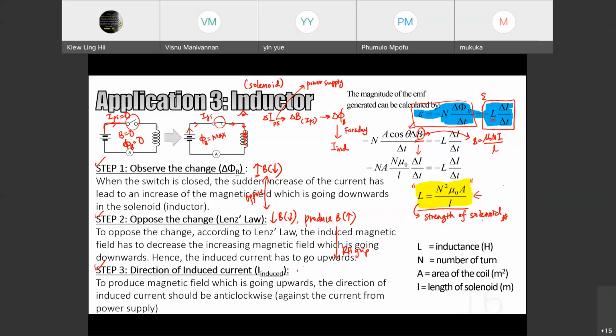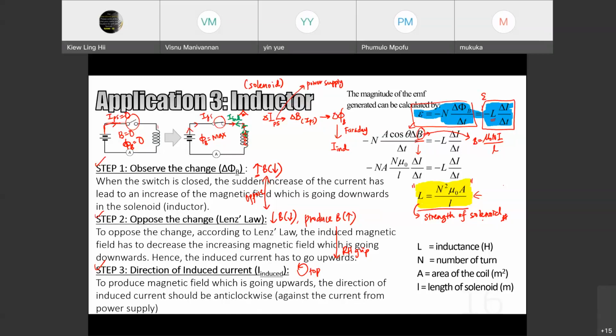So if I have to label in the diagram, I use green color to represent the induced current anti-clockwise from the top view. Then it will be coming out from your solenoid. This is the direction of the induced current, which is actually opposing your power supply.